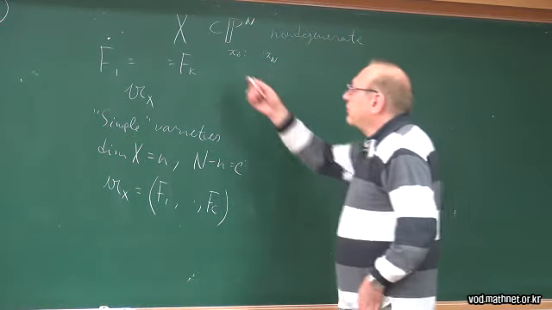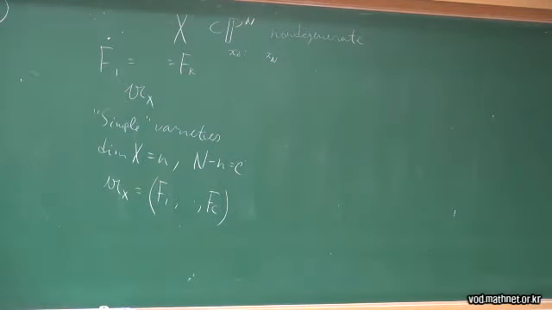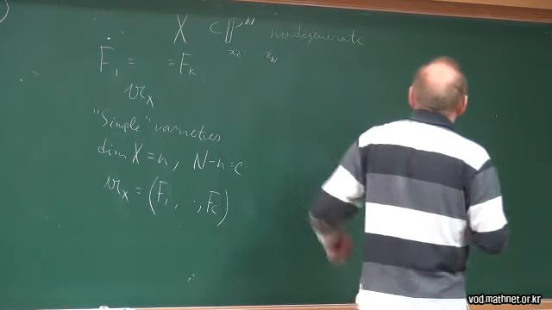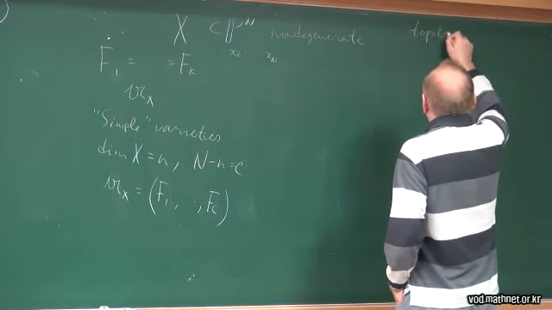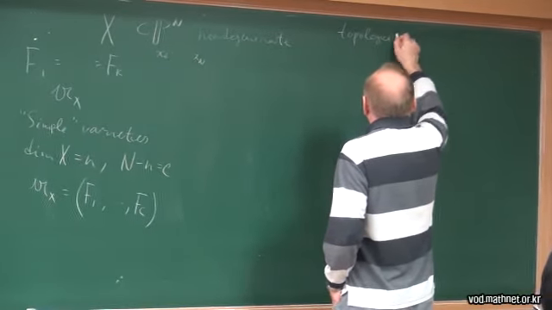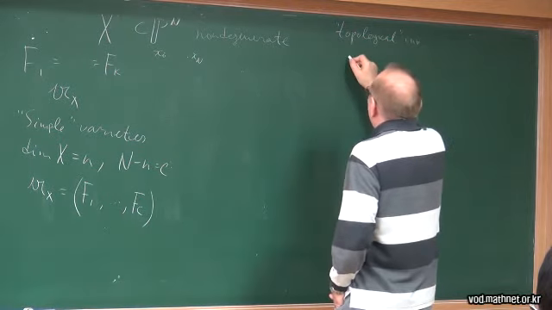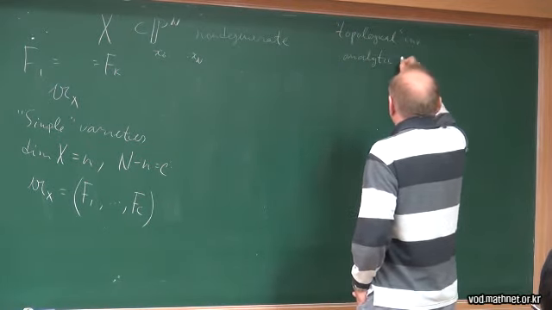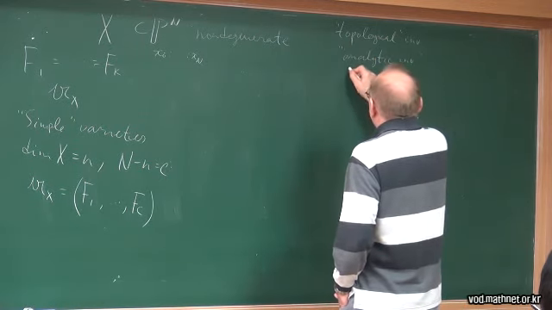But alternatively, we can study X geometrically by its geometric properties, and there are many other approaches to compute the invariants. So we can study topological invariants, analytic invariants, differential invariants.